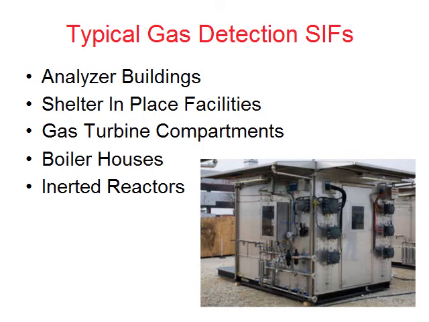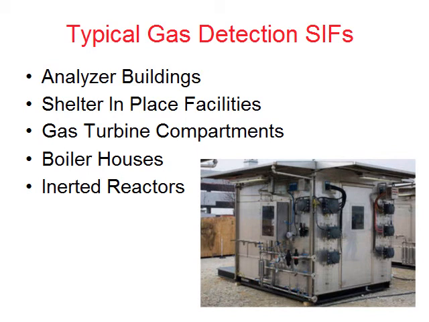Typical places where things are going to be a classic SIF: analyzer building, shelter-in-place facilities, gas turbine compartments, or anything with confined areas with combustible gases, boiler houses, inerted reactors. So these are places where you might use, like the analyzer building, it's going to look in there before somebody goes inside, or if somebody's inside, it's going to alarm and have them leave.